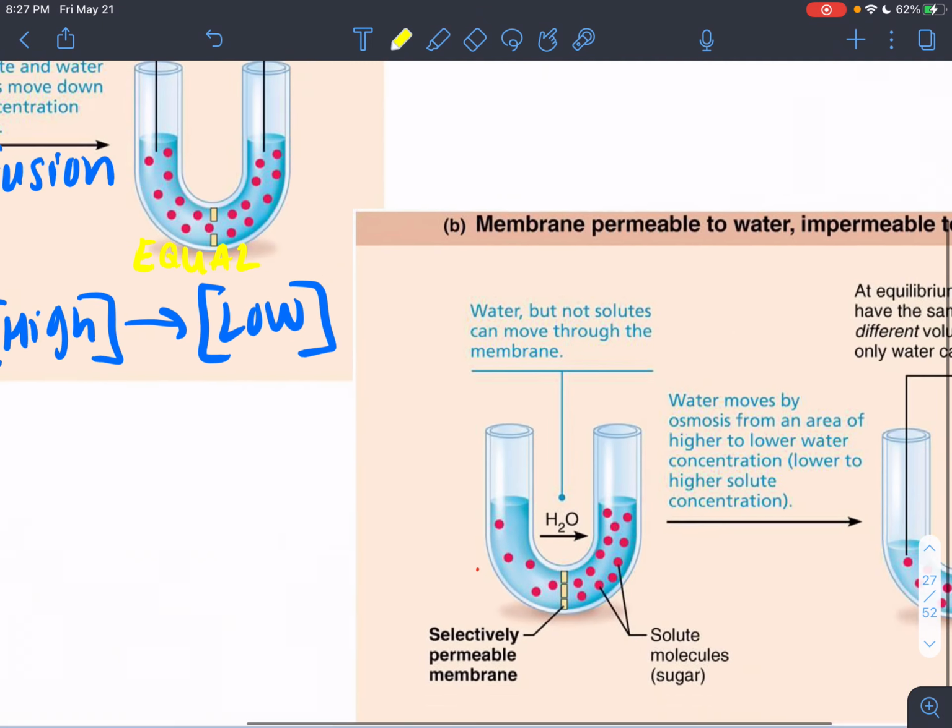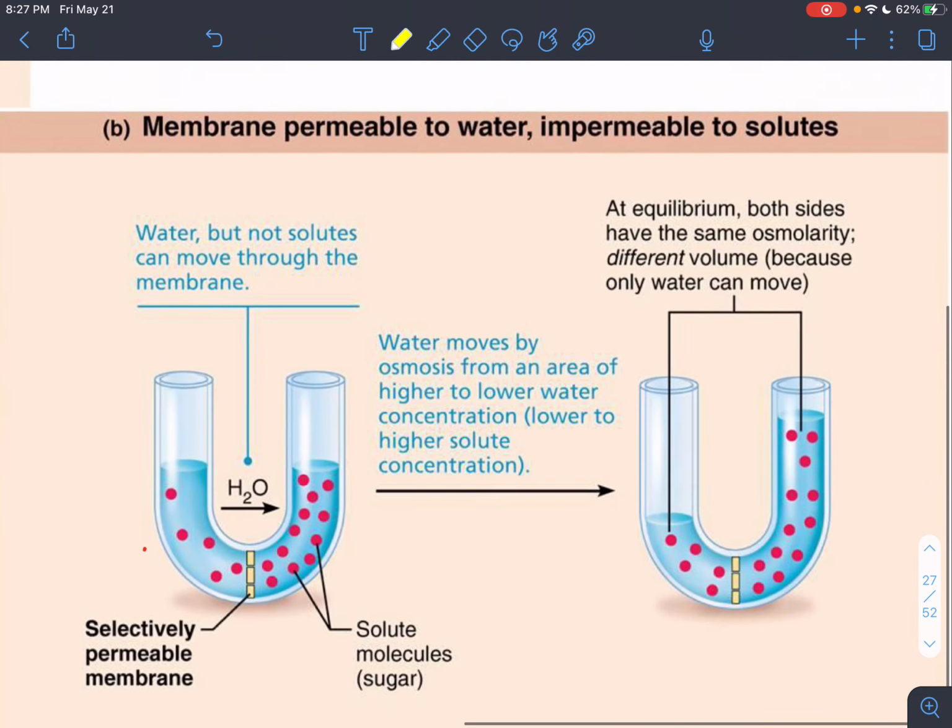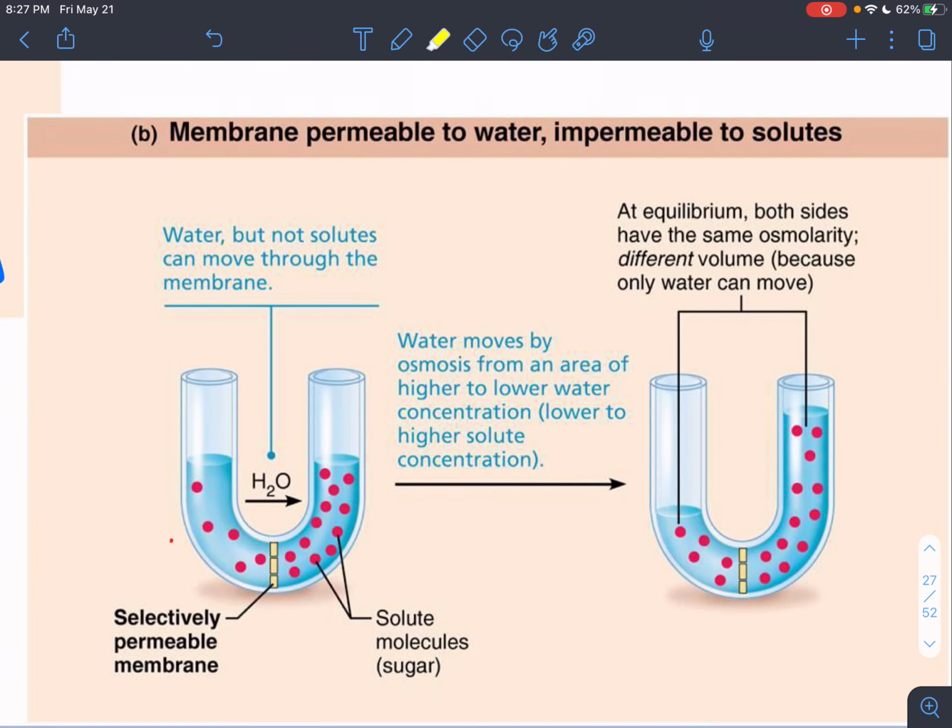With osmosis, a lot of the times in cells, you're going to see that we have a membrane that is impermeable to solutes. So now, the only thing that can move through this membrane is water, or the solvent, right? We have a high concentration of sugar on this side, a low concentration on this side, but now the sugar is not able to move.